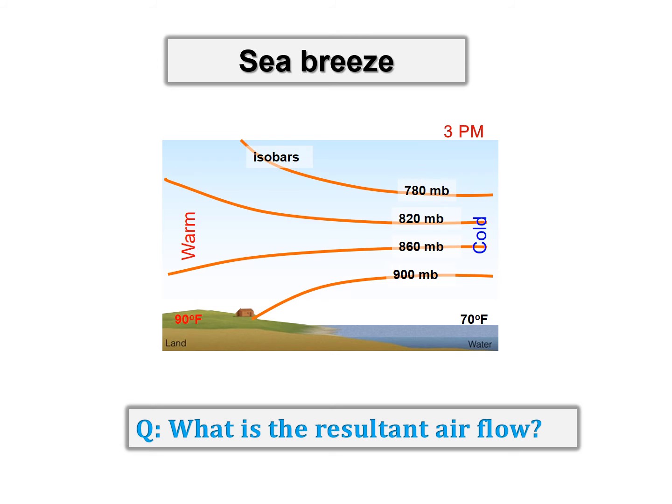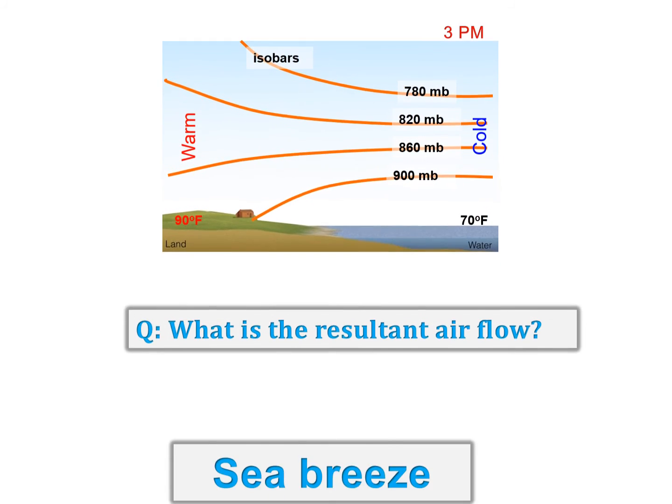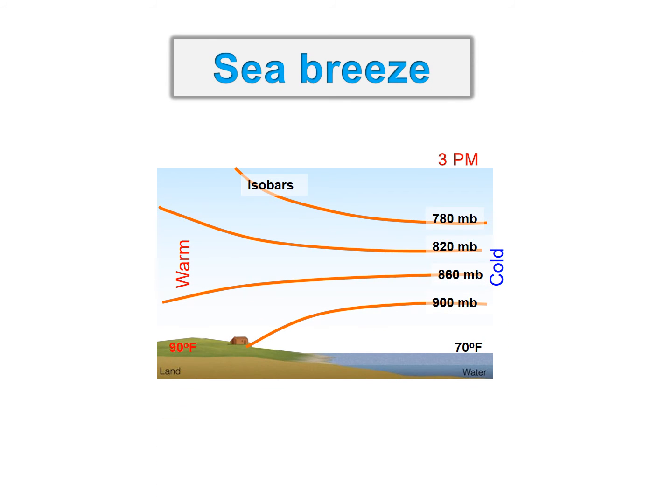You can see here the pressure must be greater than 900 millibar, and here the pressure must be lower than 900 millibar. So here's the high, here's the low. Temperature causes the pressure difference.